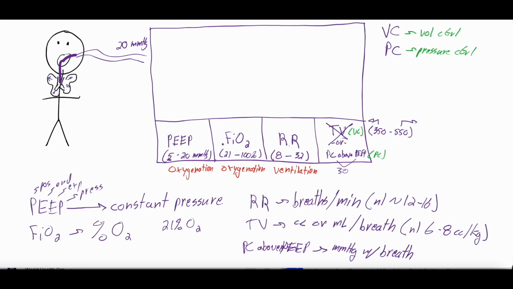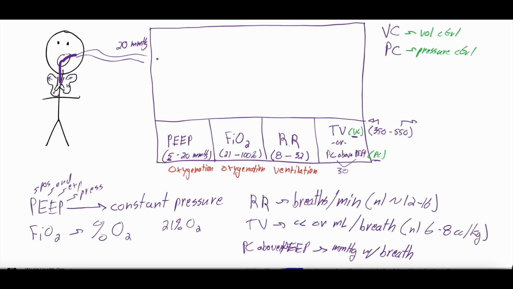The four settings would be PEEP, FiO2, respiratory rate, and pressure control above the PEEP. When you're in volume control, you don't set a pressure above the PEEP. You just set the PEEP, FiO2, respiratory rate, and tidal volume, right? So this box here is going to be either tidal volume or pressure control above the PEEP, depending on if you're in a volume control mode or pressure control mode.